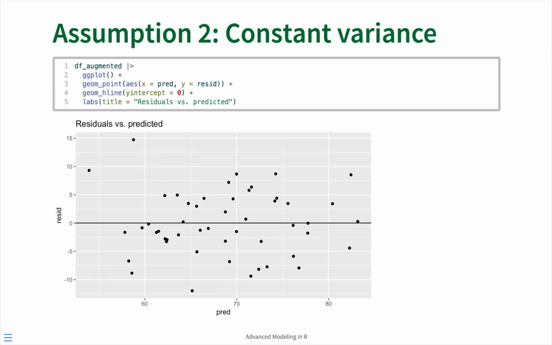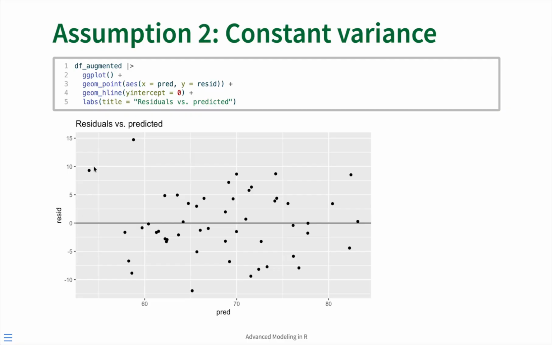The second assumption is that the variance of the residuals is constant. And to examine this assumption, we can create another two-dimensional graph in which we plot the residuals on the y-axis versus the predicted values of the response variable on the x-axis. In this case, we are going to have a reference line that is a horizontal line, a flat line, at y equals 0, which we're adding here with the geom_hline function.